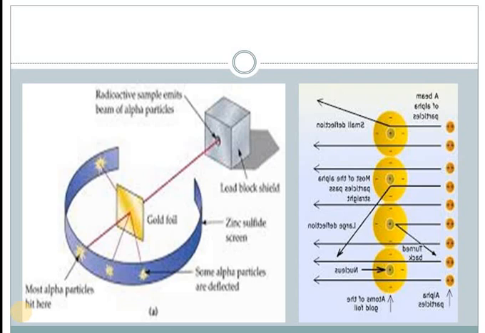He bombarded all these alpha particles on the gold foil and concluded that most of the alpha rays passed through the gold foil, while very few deflected back and a few deflected at certain angles, but most passed straight.